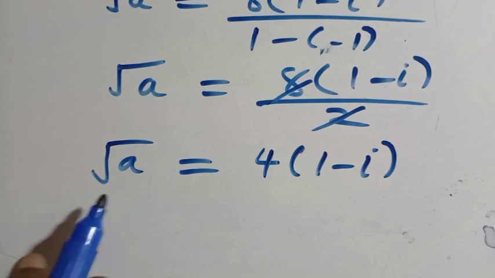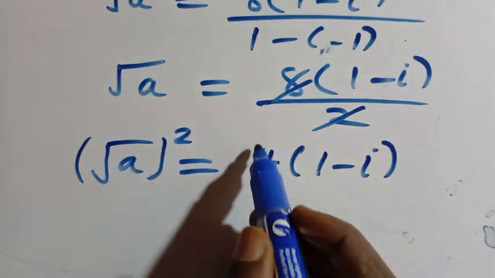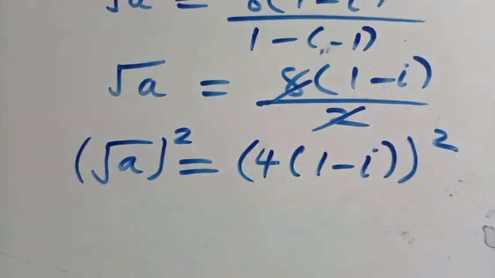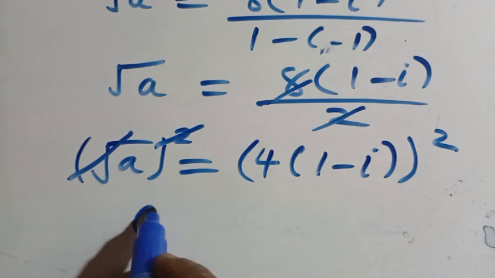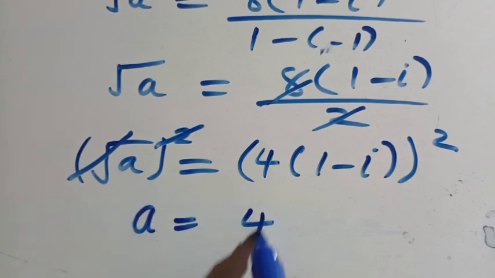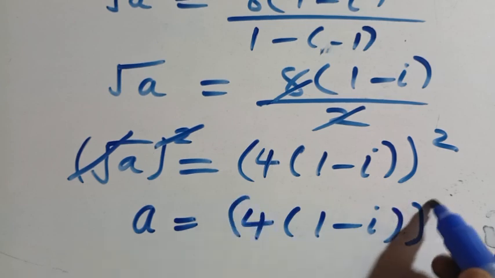Then let's try to take the square of both sides. So by squaring both sides, we have this squared and this also squared. So when this square and the square root cancelled, we have a equals 4 into bracket of 1 minus i all raised to power of 2.